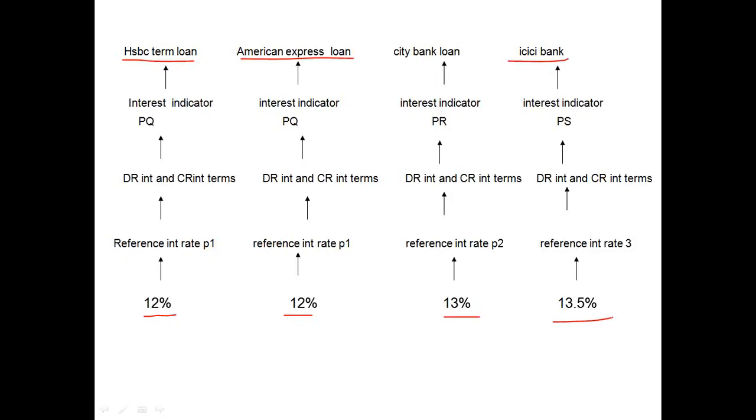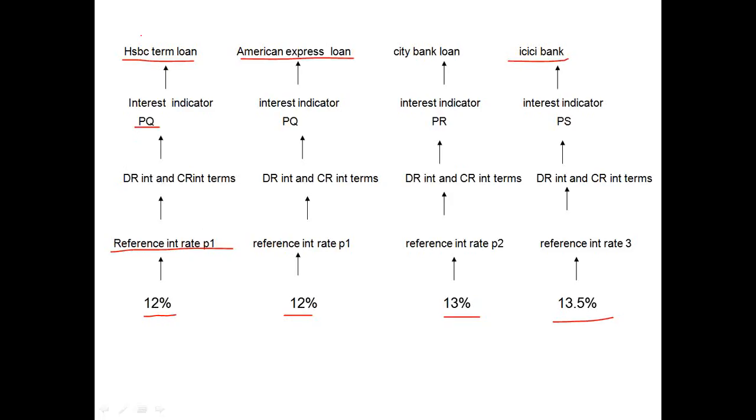Here it's a rule that for every separate rate of interest, we have to maintain one interest indicator and one reference rate of interest. So here only the identifications are different, nothing else. 12% is assigned to reference rate of interest P1, and P1 will be linked to debit interest and credit interest terms under the interest indicator PQ, and PQ is assigned in the HSBC term loan.